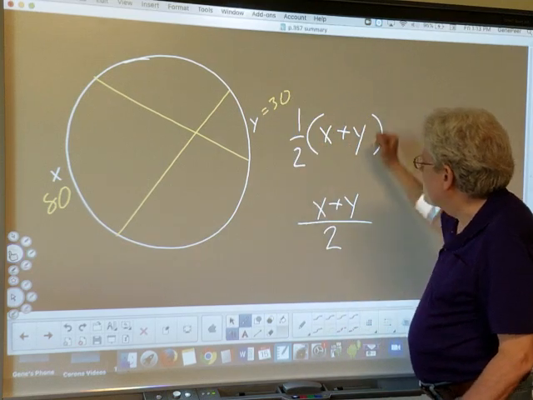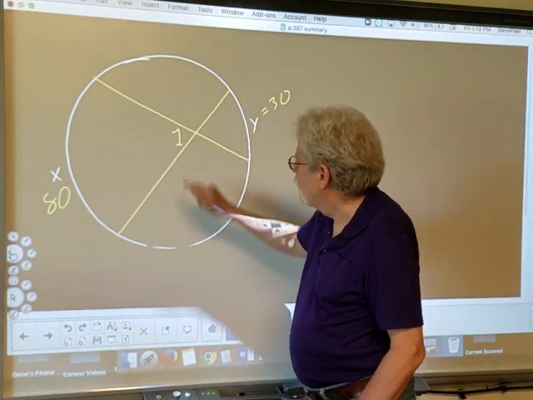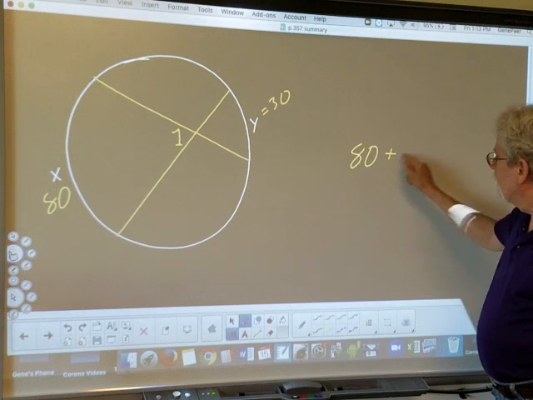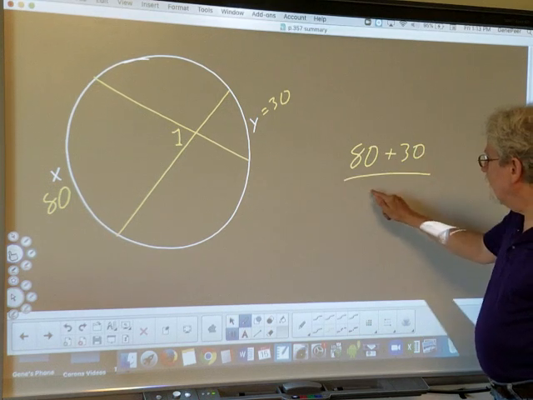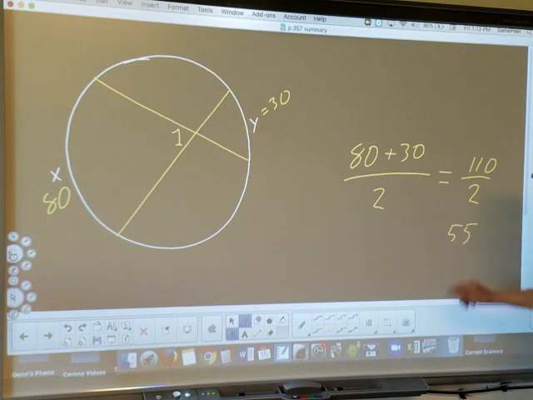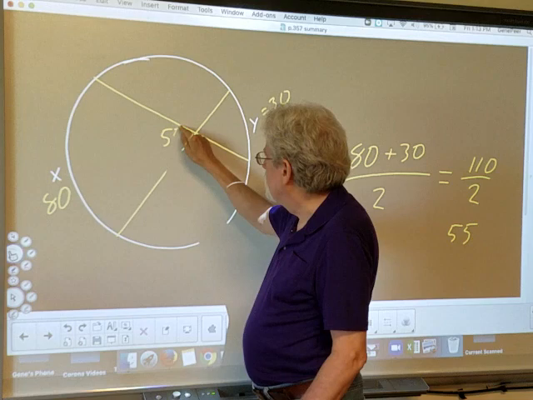All right, so how do you find the measure of what I will call angle 1? Well, you go 80 plus 30 divided by 2. That'll be 110 divided by 2. That'll be 55. So angle 1 would have a measure of 55 degrees.